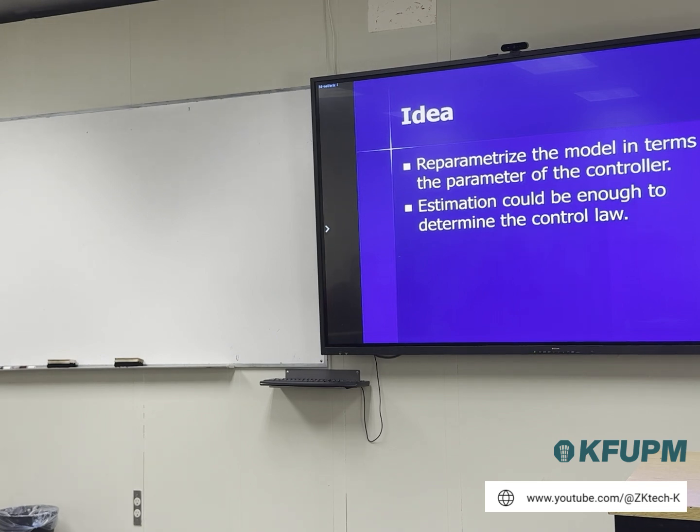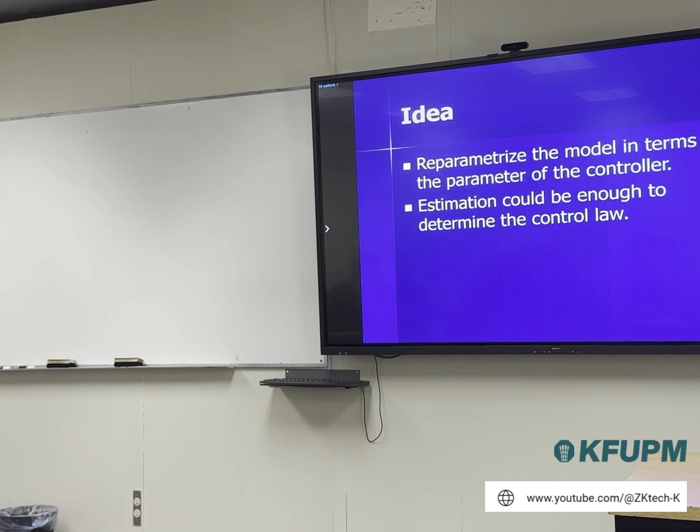So what's the idea? The idea is that we reparameterize the system. We take the system as is, and then we reformulate it again in order to make the controller appear in the difference equations or the recursion equations. So it becomes part of our model, and after that we do the estimation to find the controller.